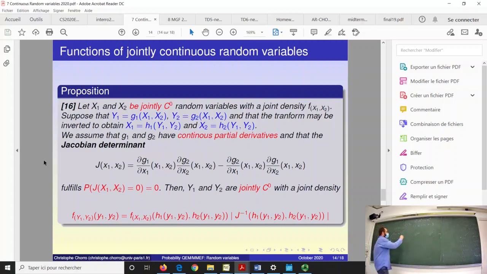For G2, from R plus star times R plus star, X, Y goes to X over X plus Y. And here, keep in mind that R plus star here and R plus star here are coming from R plus star here and R plus star here. It's the set of the possible values for capital X and capital Y. And this one, I had just said that it takes values in the open interval 0, 1.